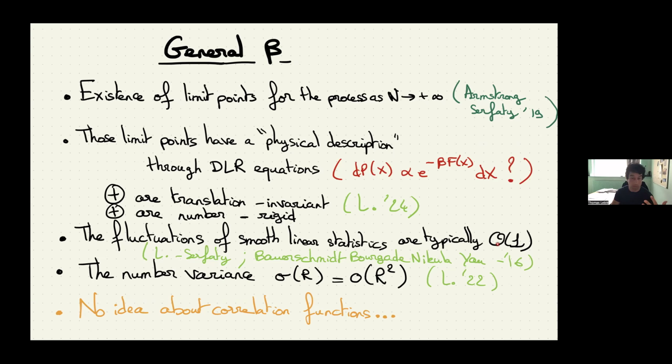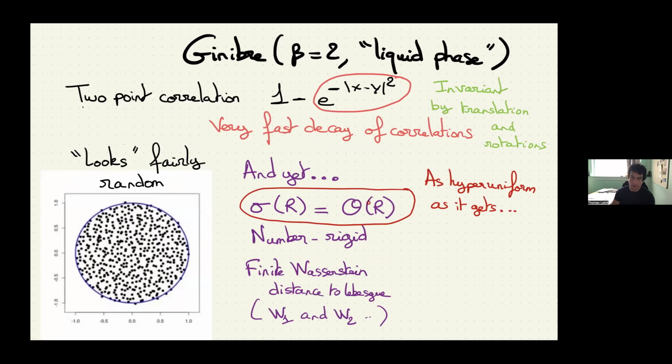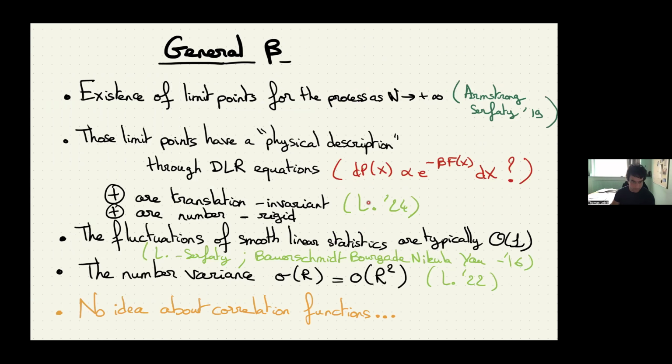You get big O of 1. So for smooth things, you're bounded, which is surprising. It's very far from the usual CLT. And for indicator functions, you get little o of R squared, so it's better than in IID, and you should get big O of R, but we are not there.